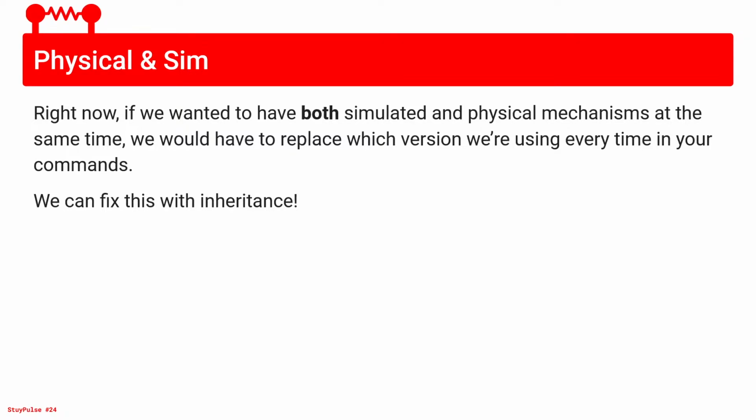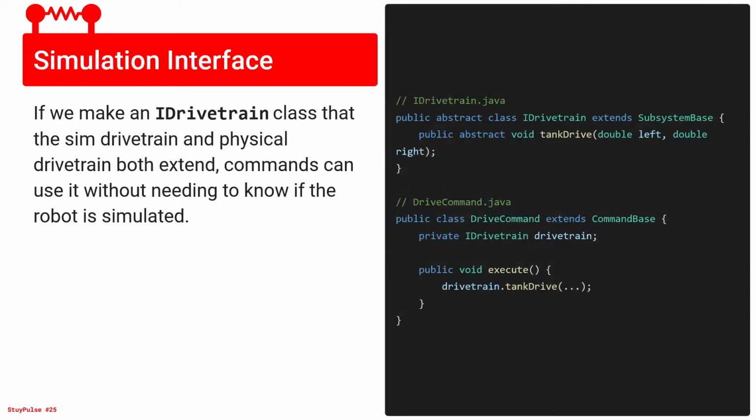So we create an IDrivetrain. This is just a name that we came up with, it doesn't really matter. But as long as the sim drivetrain and the physical drivetrain both extend this class, you can see here we have an IDrivetrain and it has a tank drive that both the sim and the real drivetrain need to implement.